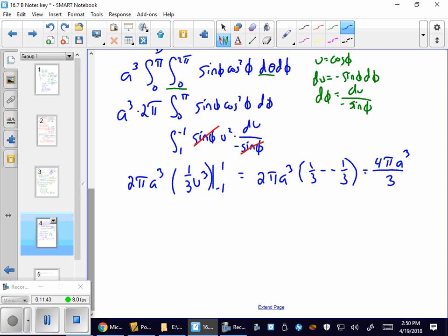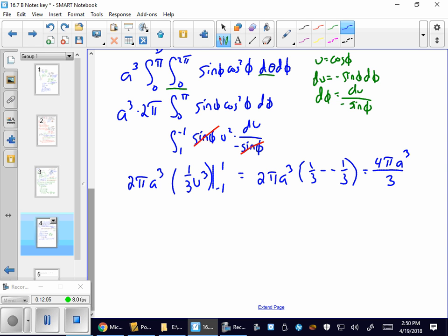Huh. That's interesting. Well, I guess that kind of makes sense. If it's an outward flux, I have to think about this for a second. If it's an outward flux, everything is going out of the sphere.